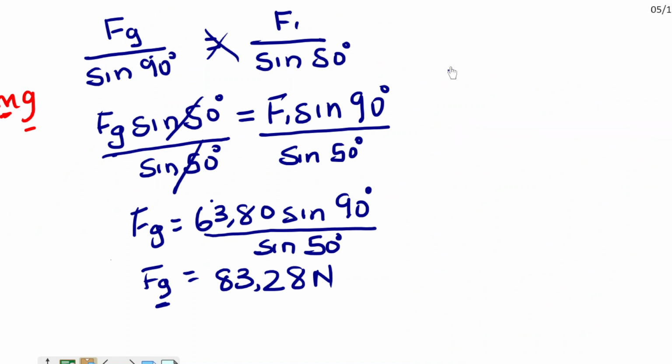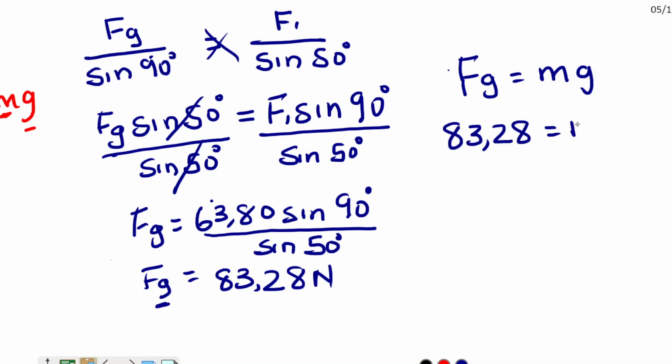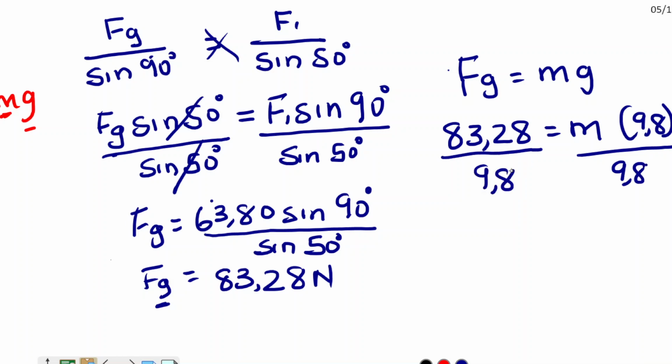So to find now that mass, I say FG is equal to mg. The FG now I know is 83,28. Then I say this equals m multiplied by 9.8. So I divide this side by 9.8, I divide that side by 9.8.